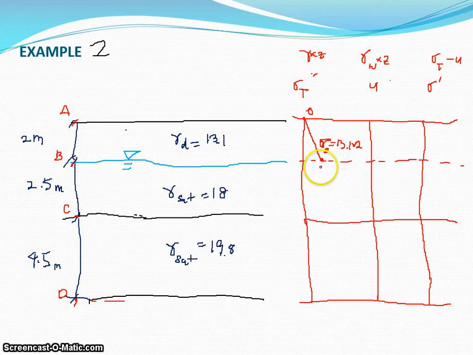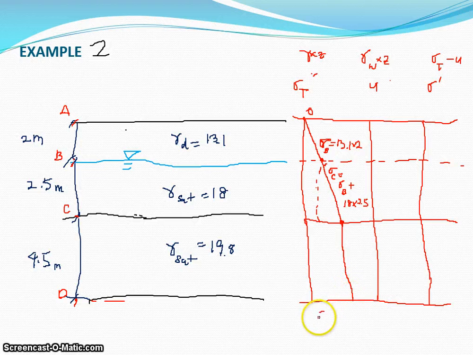Going down, the stress at C is the stress at B plus 18 times 2.5. Next, for D, the total stress at D equals the stress at C plus 19.8 times 4.5.